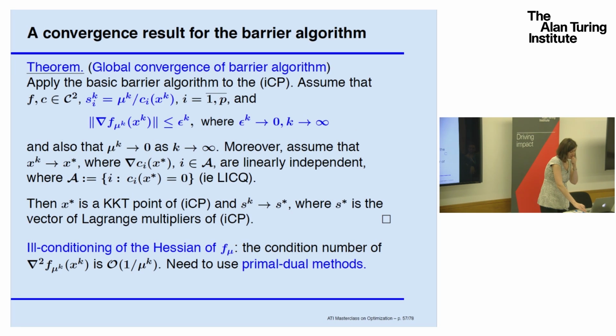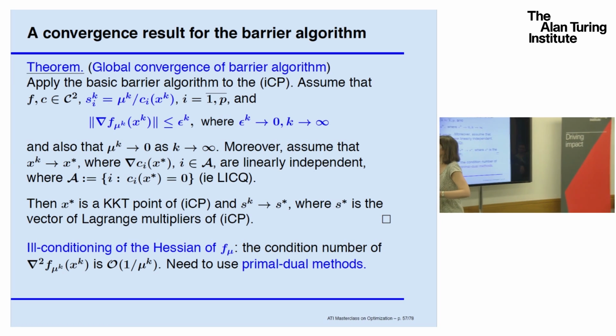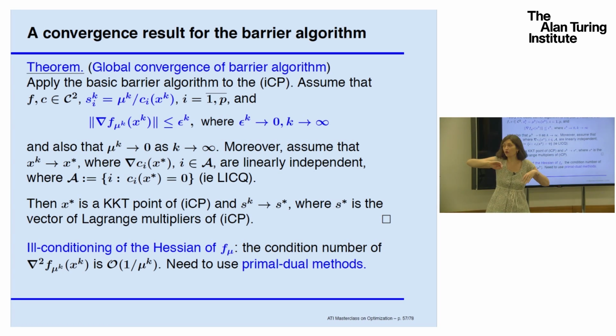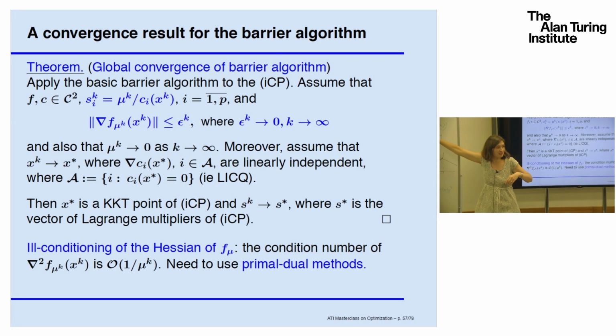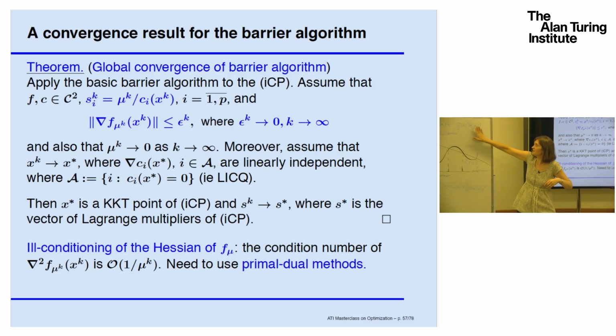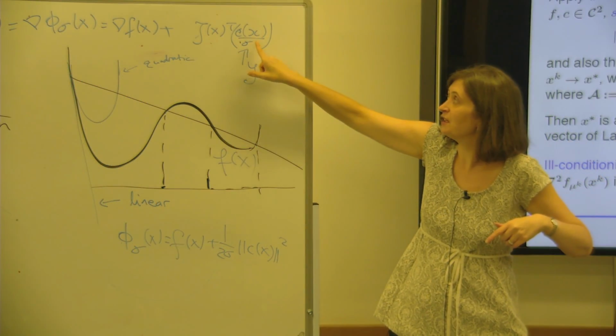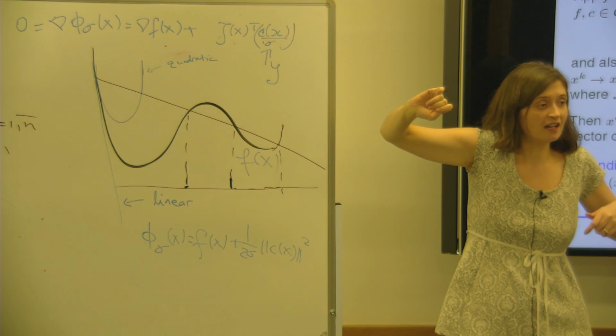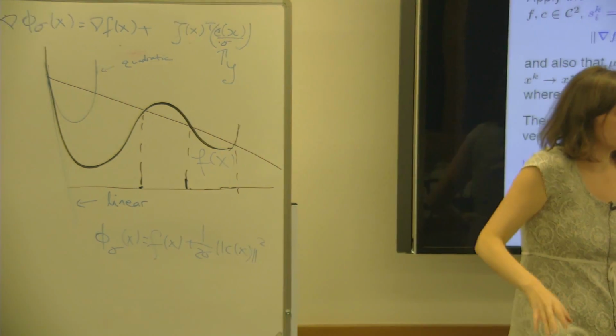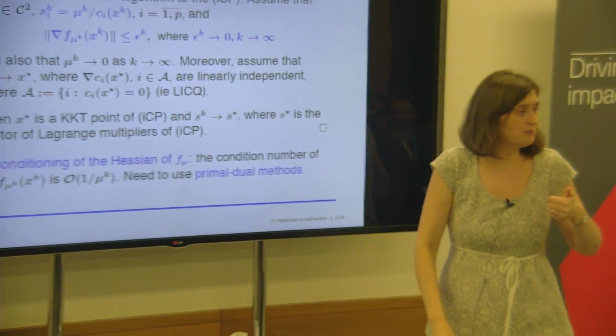You can have convergence. Again, I can prove for these methods that the barrier stationary points correspond to approximate first-order conditions in KKT. In particular, the multipliers are positive because you're keeping Ci positive.